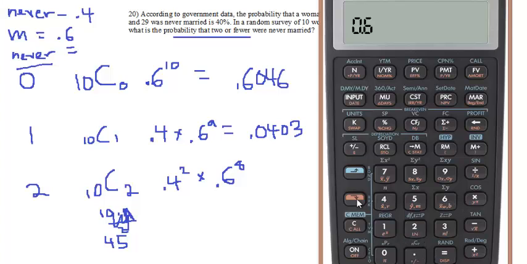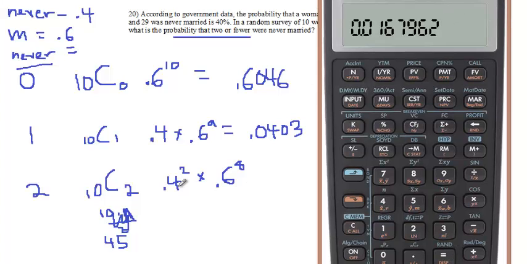So 0.6 to the 8th power is this. Now 0.4 to the 2nd power, 0.4 times 0.4 is 0.16. So multiply that by 0.16. Okay. And then we have to multiply that by the 45.